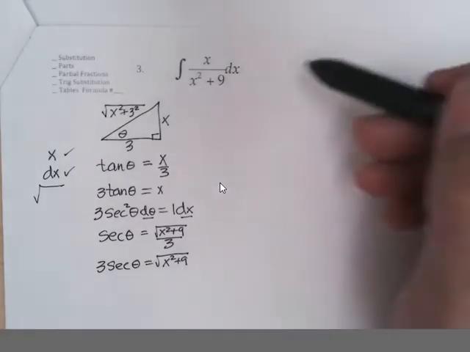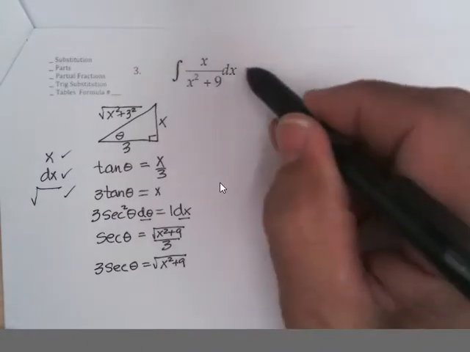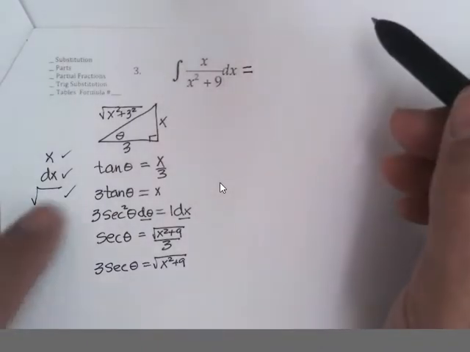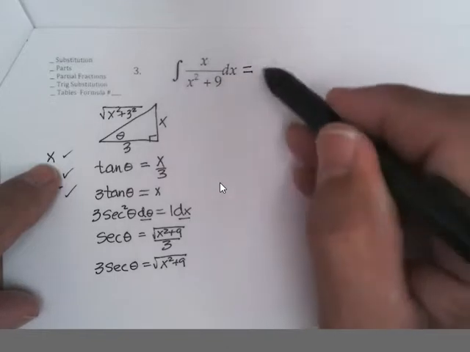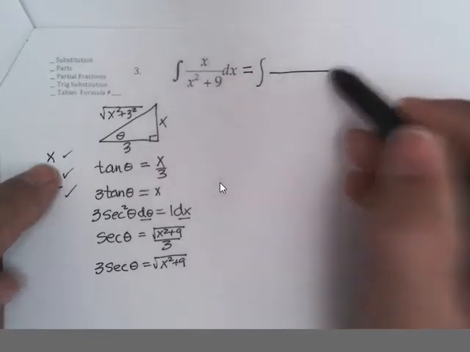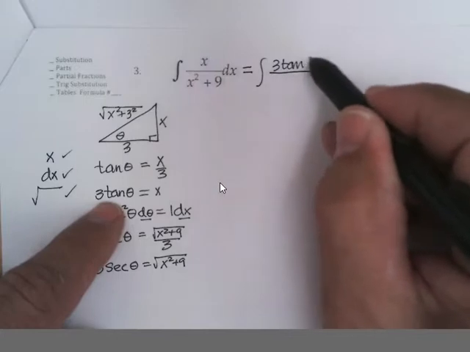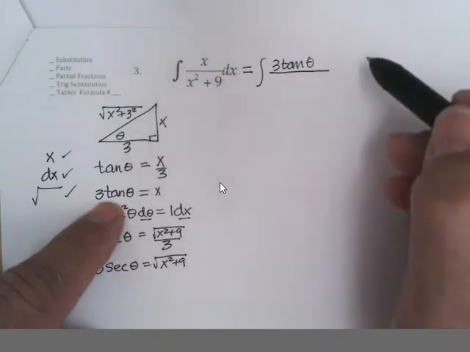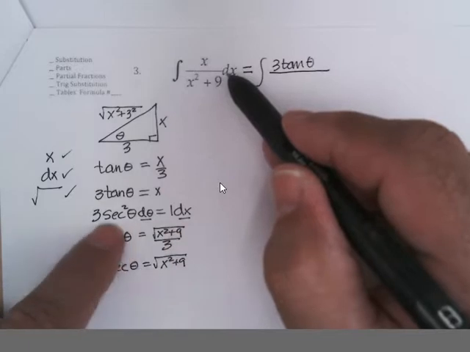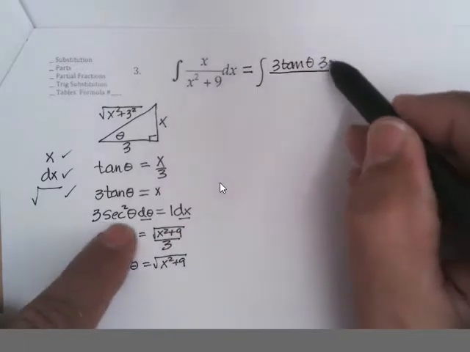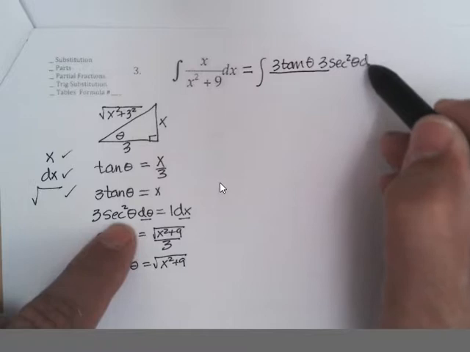Okay, so now we have all 3 of them, so we can do our trig substitutions here. So what's the x in the numerator become? Well, x is 3 tangent theta. What's the dx become? Let's see, that's 3 secant squared theta d theta.